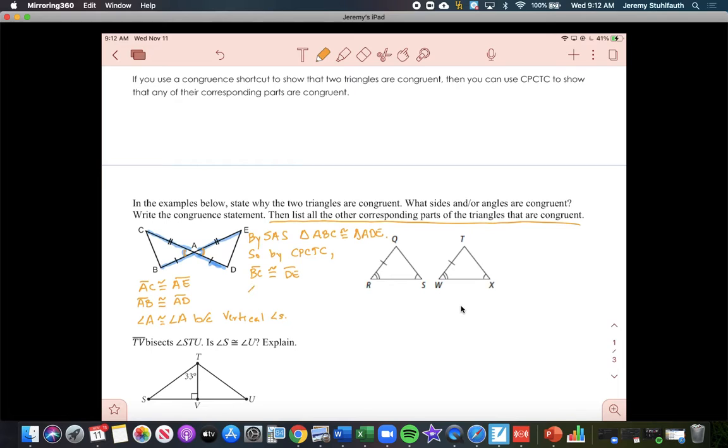We know that angle D is congruent to angle B, and we know that angle C is congruent to angle E. So again, because of CPCTC, we're able to say that all these different parts of that triangle are congruent.